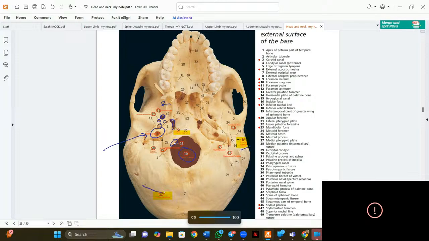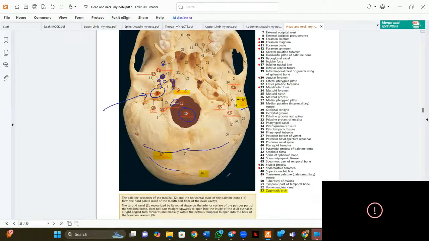Nuchal line. Yeah. I think 8 is superior nuchal line. Should be. No. 8 is occipital protuberance. 48 should be superior nuchal line. Yes, superior nuchal line, and that's why 17 is inferior nuchal line. Okay.